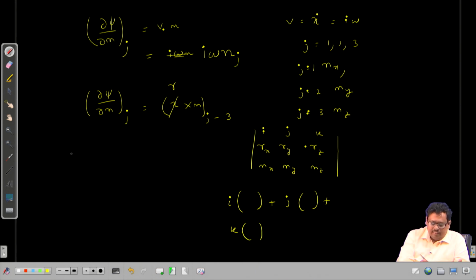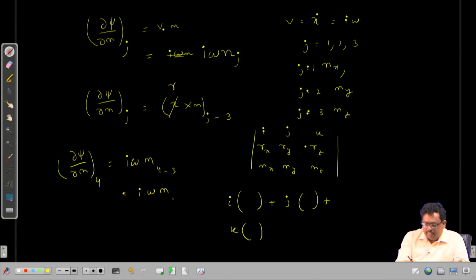So, for del psi del n, if j equals 4, v is i omega multiplied by the first component of this. Definitely it is n, with j equal to 4 and then minus 3. So it is i omega times the first component of this matrix, the ith component.